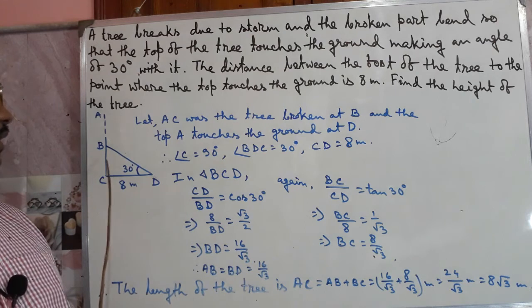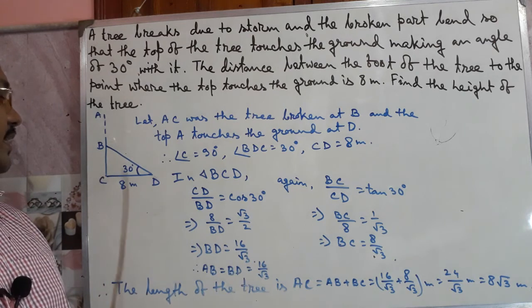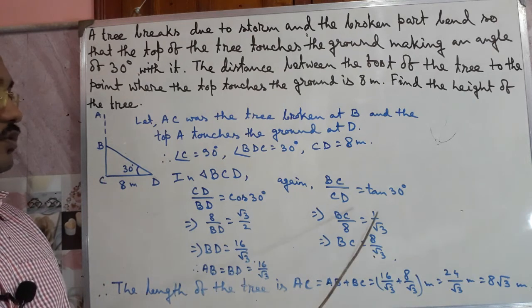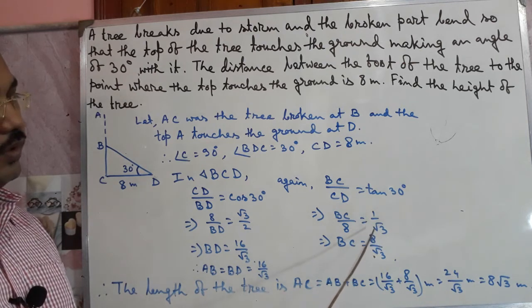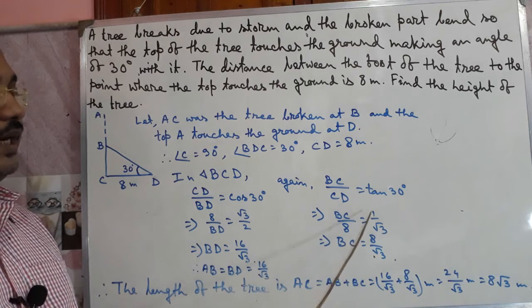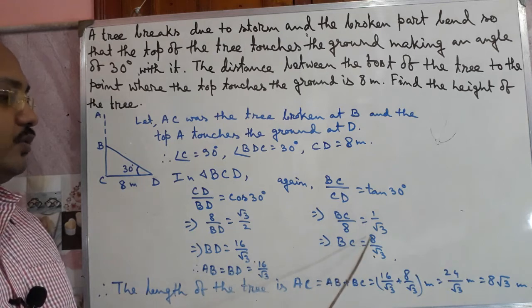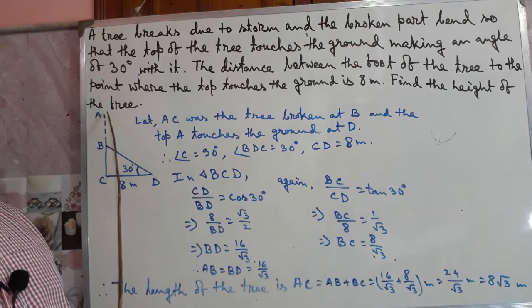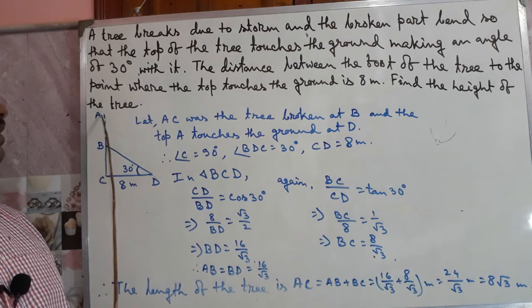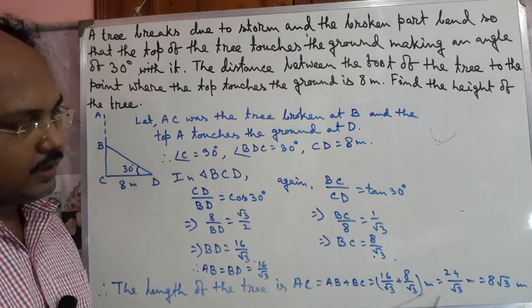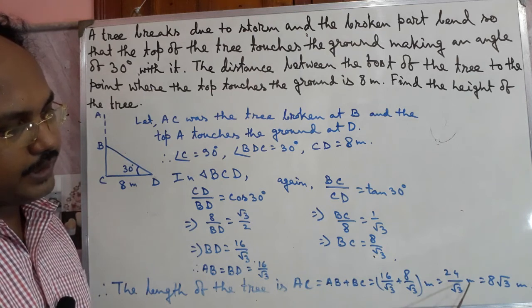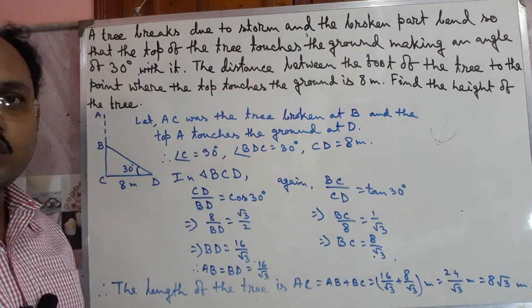Again, in this triangle BC by CD, that is perpendicular by base, is equal to tan 30 degree. We know the value of tan 30 is 1 by root 3, and by cross multiplication we will get BC is equal to 8 by root 3. Then the total length of this tree AC is equal to AB plus BC, the addition of these two lengths, that is 24 by root 3 meter, which is equal to 8 root 3 meter.